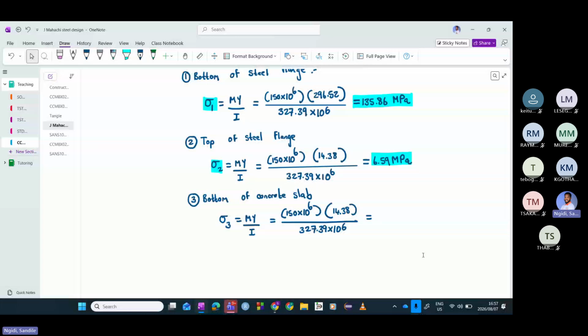Don't ask me, where did you get 8? Can I use 7? No, can't use 7. This 8 is coming from the modular ratio. Our modular ratio is equal to 8. So this value of n is equal to 8. So this is why we are multiplying by 1 over 8. That's what we have.